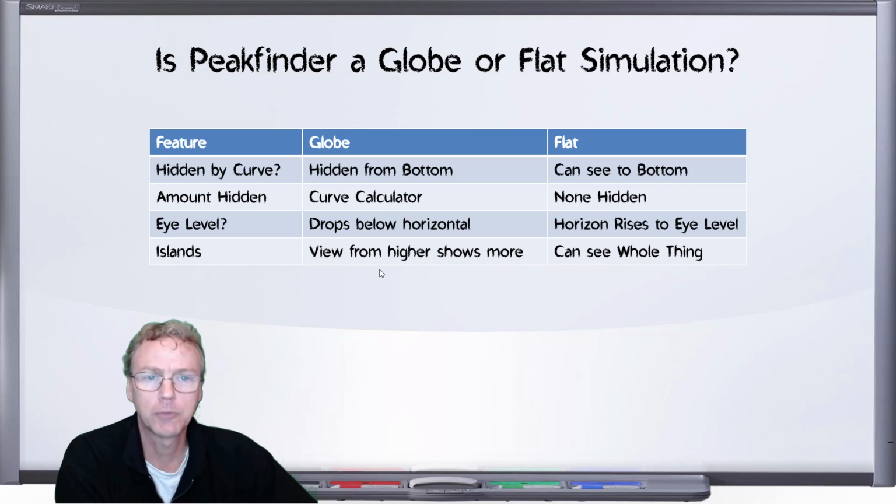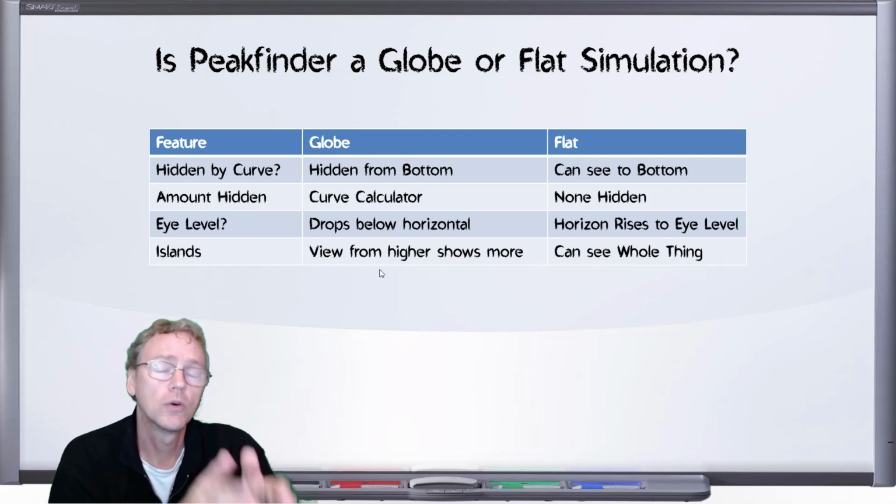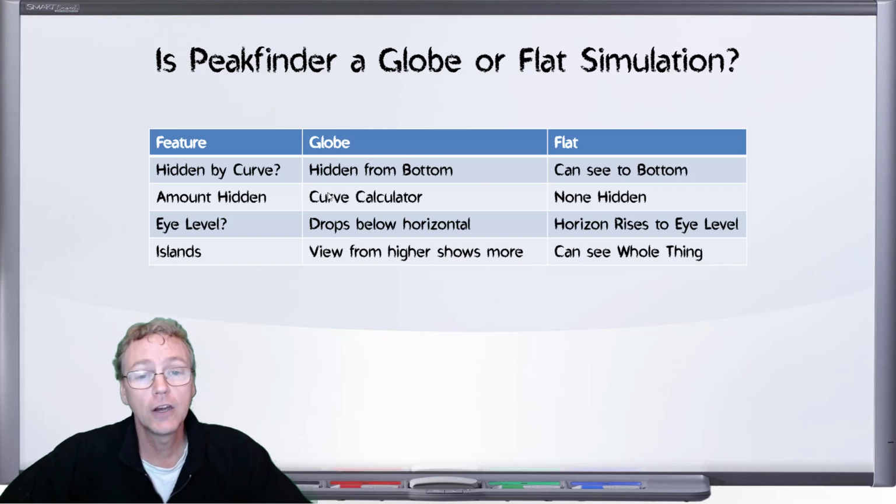Here's the question I'm trying to answer: is Peakfinder a globe or flat simulation? That's the one question I want to try to answer. And here is the evidence I would use.